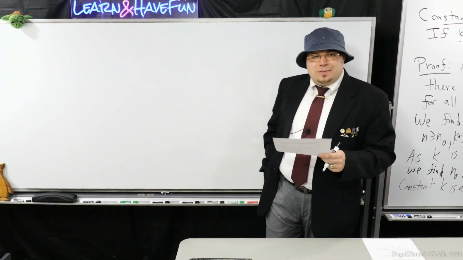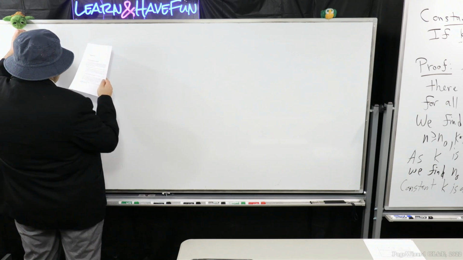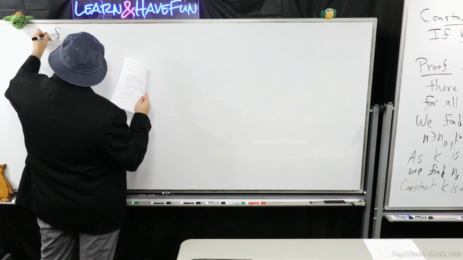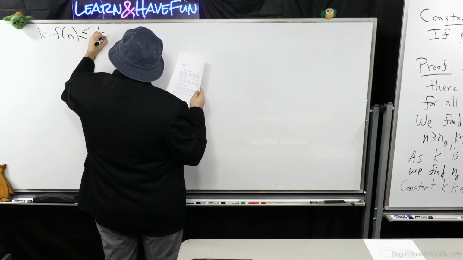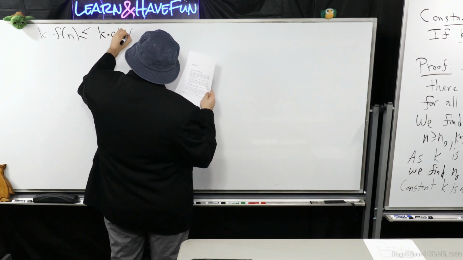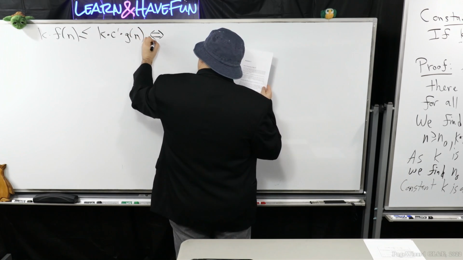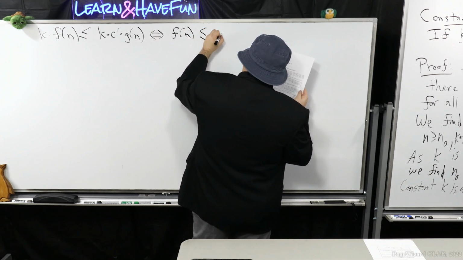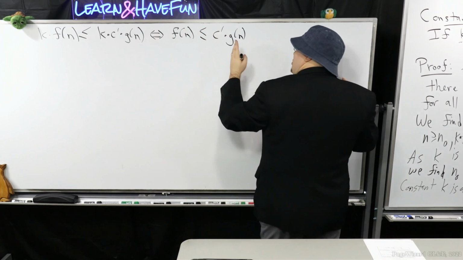So after we do this, remember we're going to have k times f of n is less than or equal to k times c prime times g, which, if you divide by k on both sides, is no different than me writing as follows: f of n is less than or equal to c prime times g of n. But what's this?